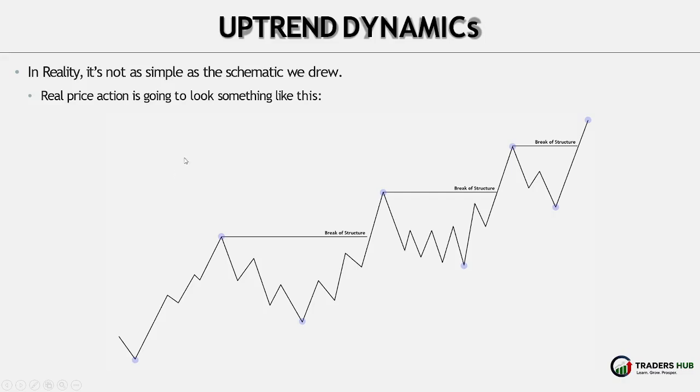In reality, it's not as simple as the schematic we drew earlier. Real price action is going to look something like this. This is the low, this is the high. In between this low and this high, there are going to be sequences of lower low, lower high, usually on the lower time frame, before we get to the higher low.